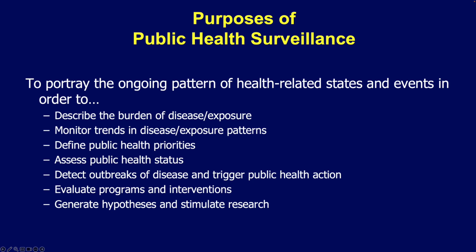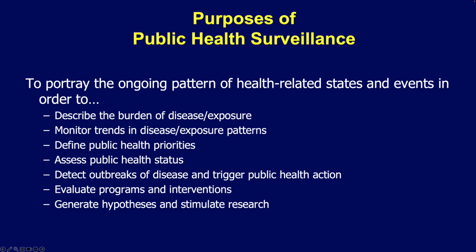So with that definition in mind, we can begin to think about what some of the purposes of public health surveillance are. What purpose does the activity of surveillance serve for health departments or other health entities like the CDC and the WHO, whose missions are primarily about monitoring and protecting and promoting the health of populations? Some typical purposes are listed here.